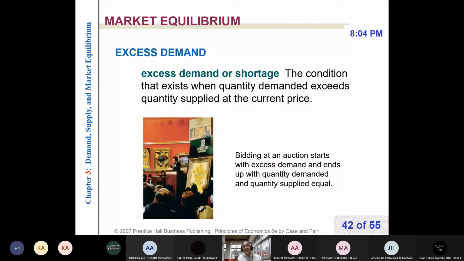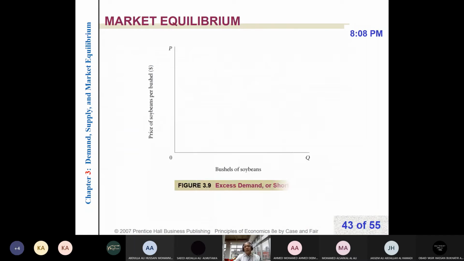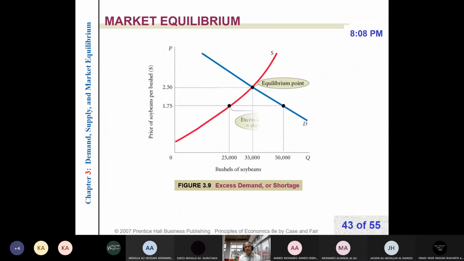Okay, so excess supply, there is more supply. Excess demand, more demand, huge demand, extra demand, which causes shortage. Shortage comes when quantity demanded exceeds quantity supplied at a current price. Let's apply it on this graph. Look at this graph.